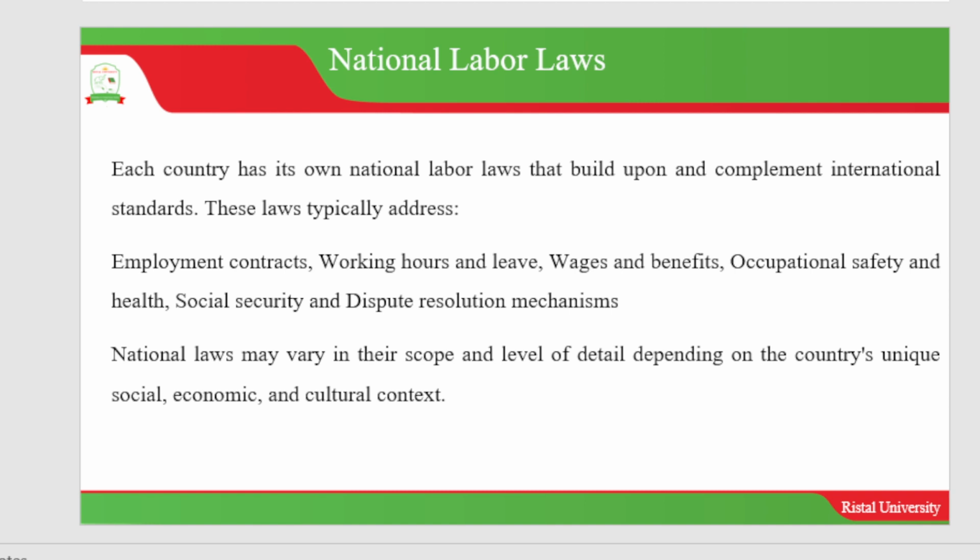So according to South Sudan labor law, we are supposed to be working for about 8 hours in a day, starting from 8 at South Sudan time to 4. Okay, so that's the labor law of South Sudan. In some countries, it also differs because of the context, the nature of the economy they have, and the other political environments.